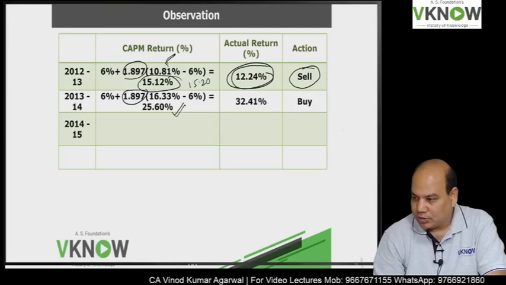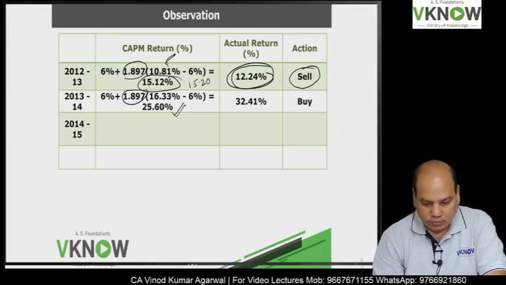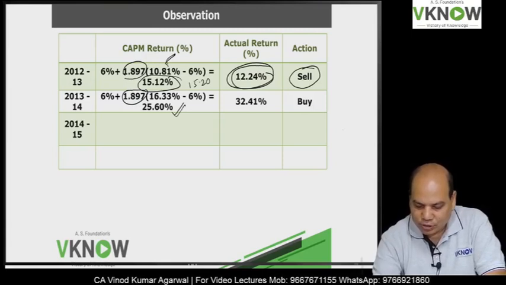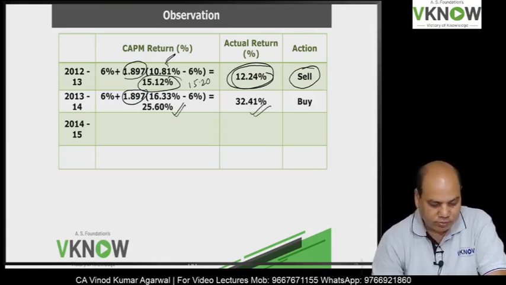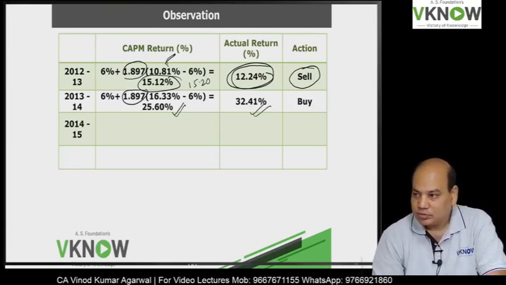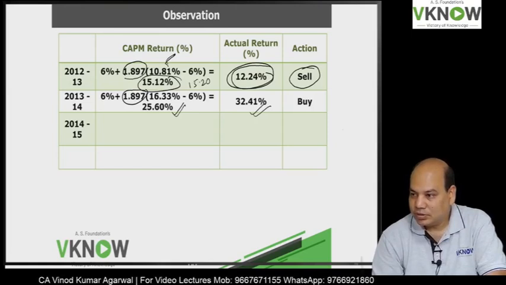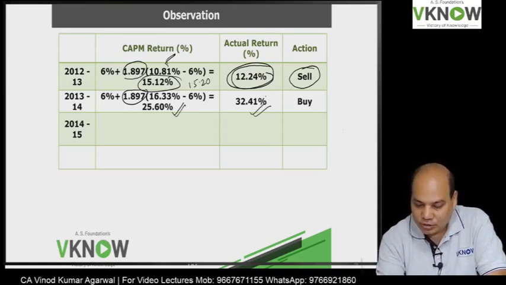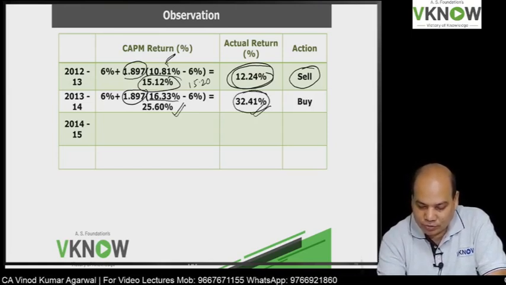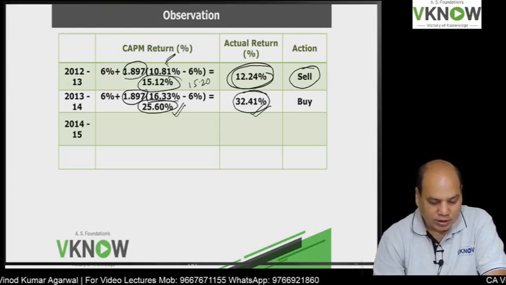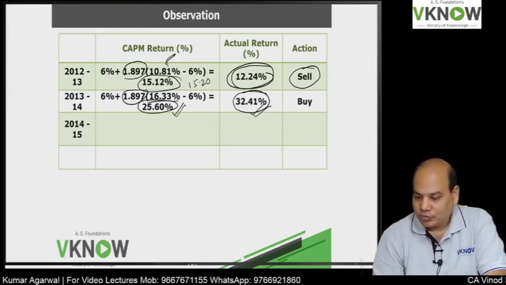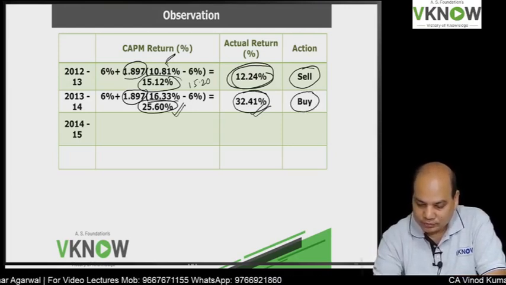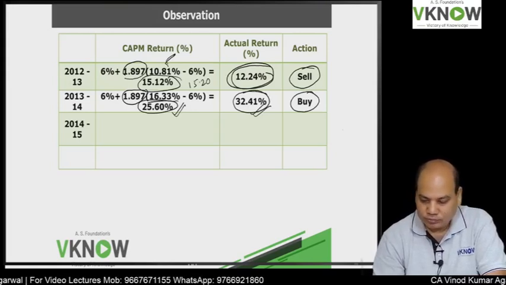What is actual return in that year? Can you see this 32.41 in your step 1 answer? Yes. Now this year your actual return is more than the CAPM return. So you should buy. It is undervalued.